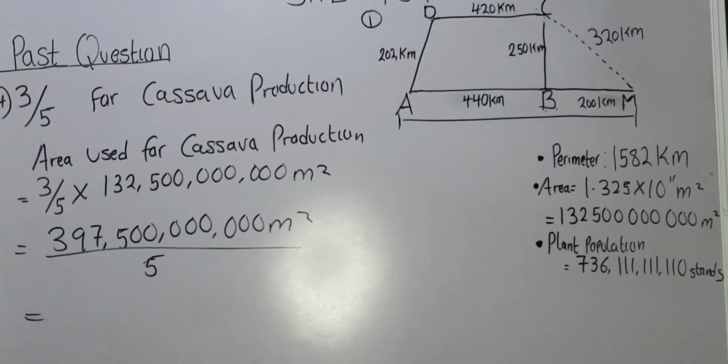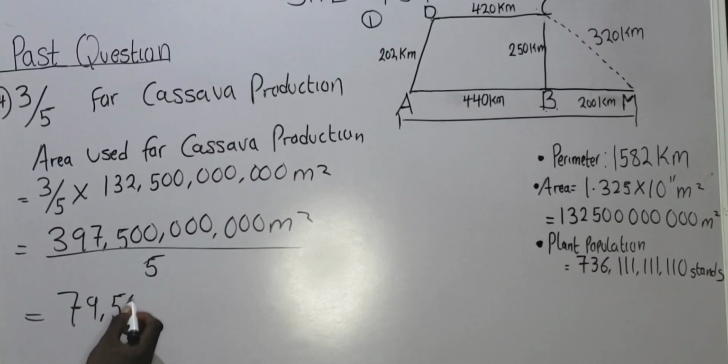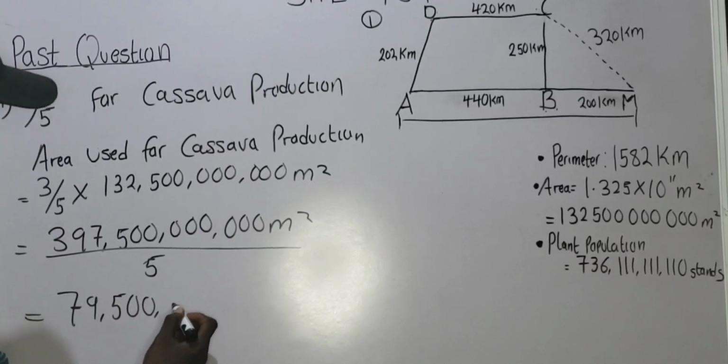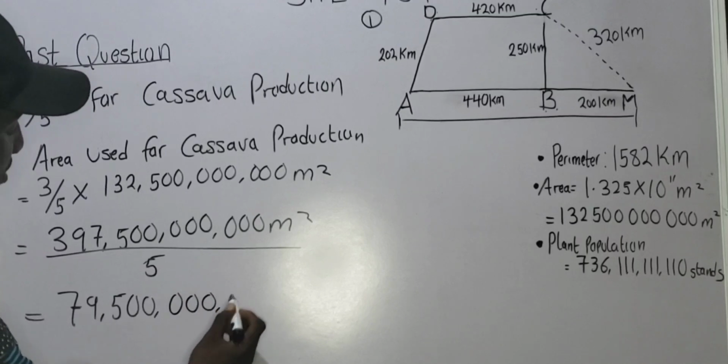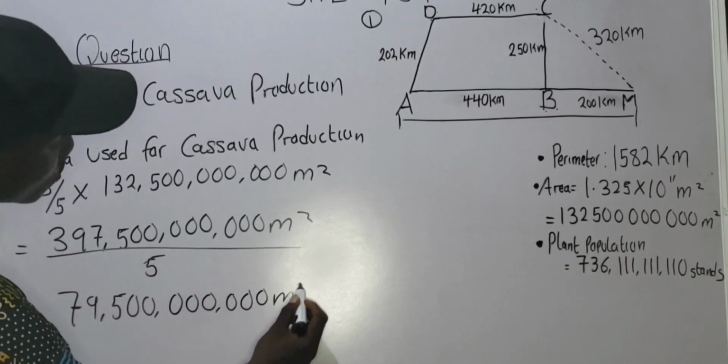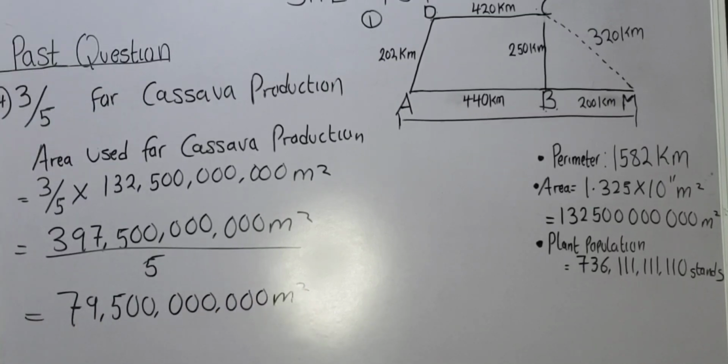So if you punch your calculator, divide this by 5, you are going to get 79 billion 500 million meters squared. So the area that was used for cassava production is 79 billion 500 million meters squared.